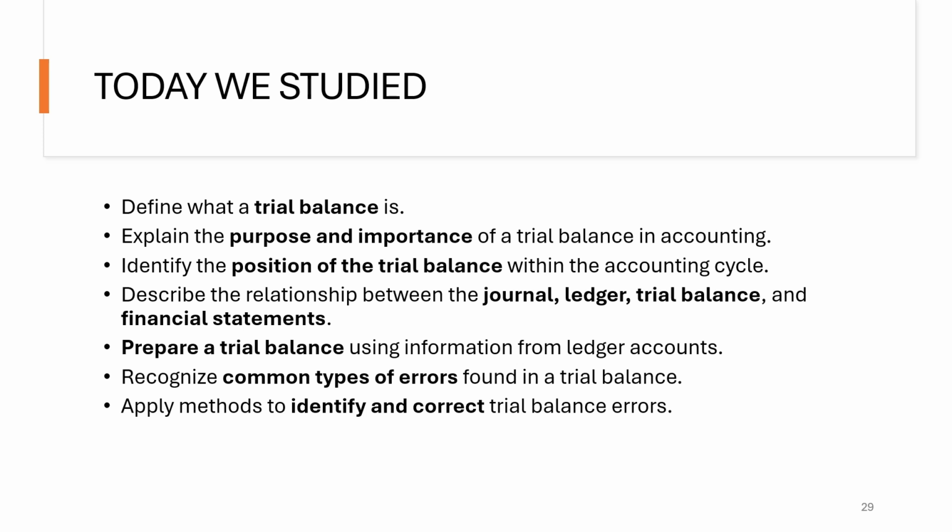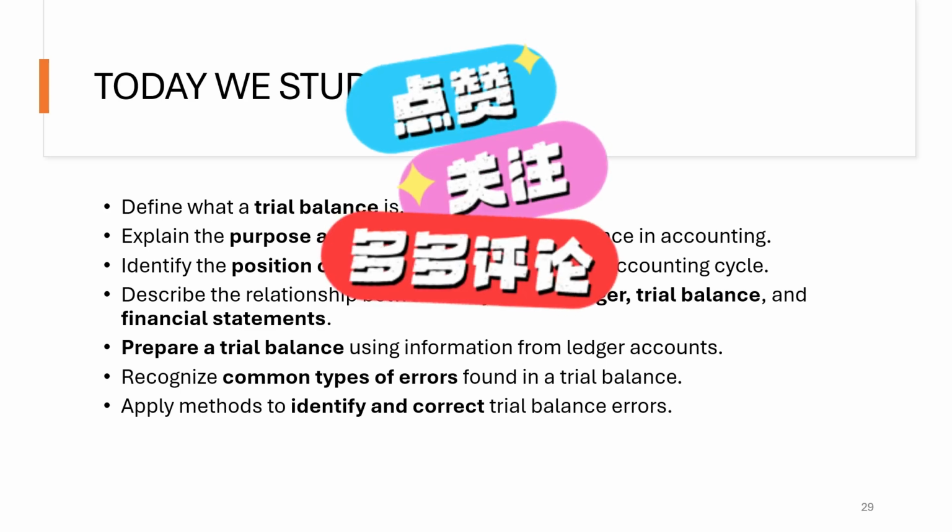We used a couple of examples to practice how to prepare a trial balance using ledger information. There are certain steps that we could follow, along with some key principles such as double entry and accounting principles. And we recognized some common types of errors that can be found in a trial balance and how to apply different techniques to correct those errors.